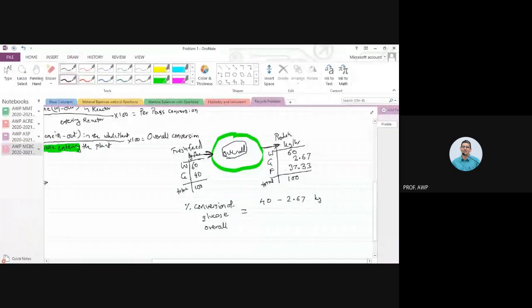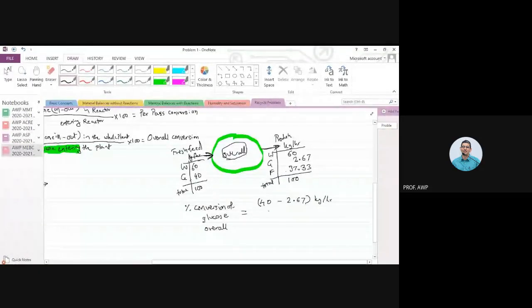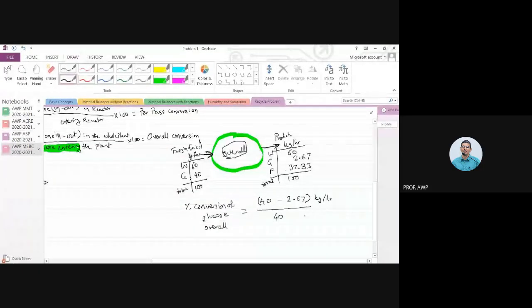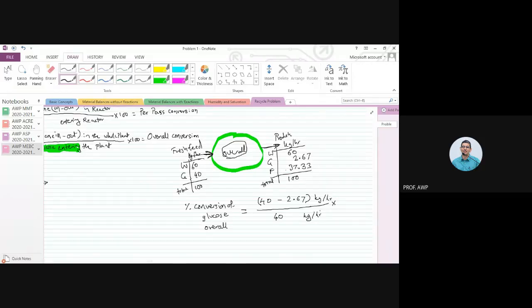So that means 40 minus 2.67 kg per hour is what is reacted in the plant, divided by what comes in, 40 kg per hour. So the percent conversion is 40 minus 2.67 divided by 40 into 100, that is 93.33%.